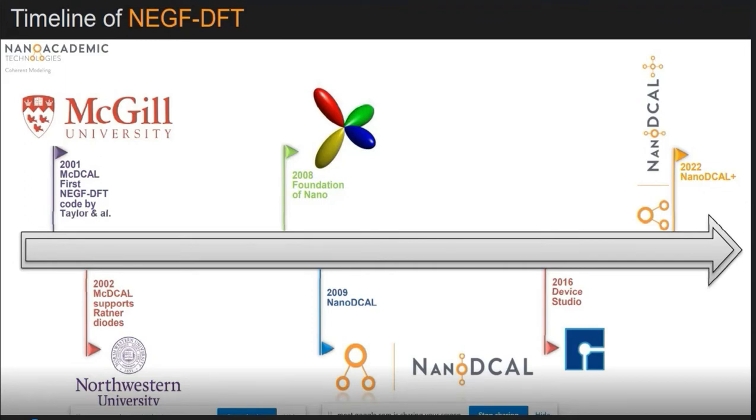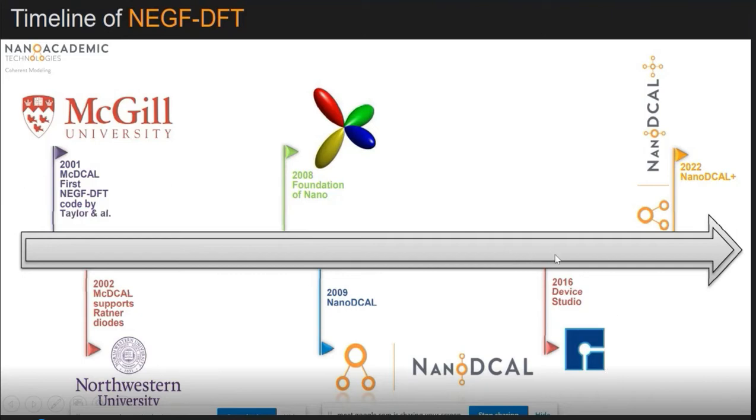NanoDCAL is basically a calculation engine that runs DFT calculations with NEGF, non-equilibrium Green's function, quantum transport simulations. So all theoretical parameters and background physics equations are simulated using the NanoDCAL calculation engine. Apart from the calculation engine, we have a user interface so that beginners and new users can learn this software very quickly by playing with it.